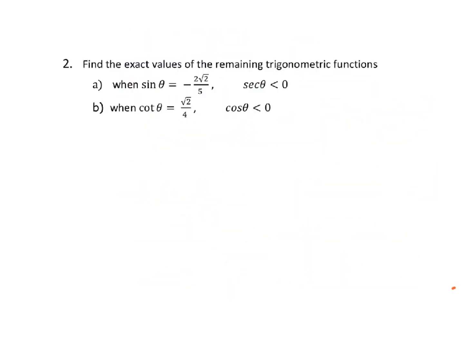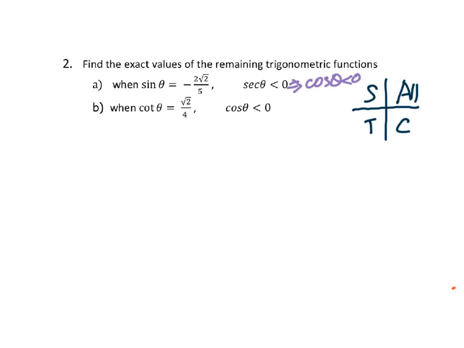For number 2, find the exact values of the remaining trig functions. You have to use "All Students Take Calculus" to decide the quadrant. First of all, we have sine theta equals negative 2 square root of 2 over 5, and secant theta less than 0, which means cosine theta less than 0.